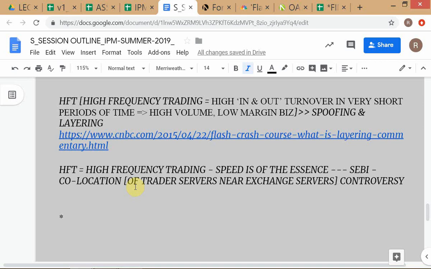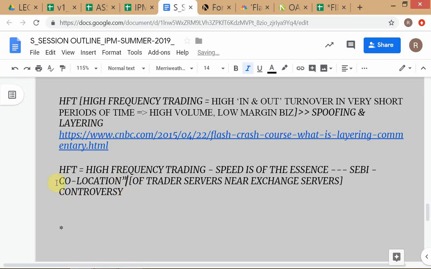Speed is of the essence, because you want to hit the prices before they disappear. Co-location means locating your server near the exchange server.